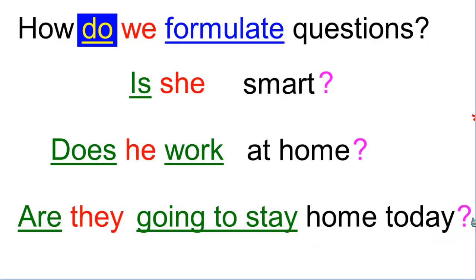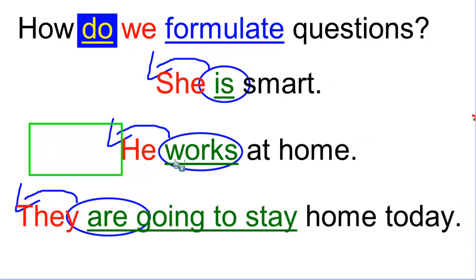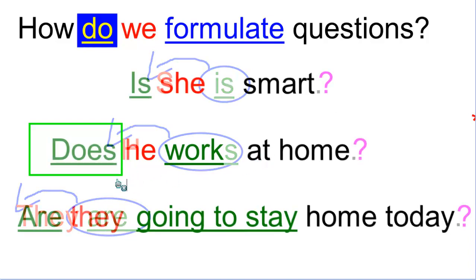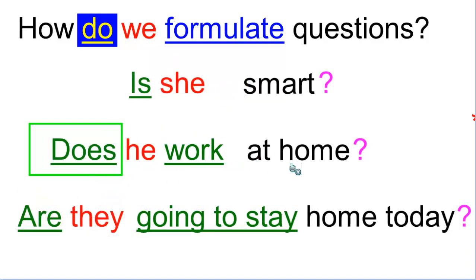That's simple. But an important aspect we have to remember is that this one is a little different. He works, but does he work? The only exception is when you use the simple present or the simple past with other verbs. In those cases, you have to use the auxiliary verb do, does, and for the simple past, did.